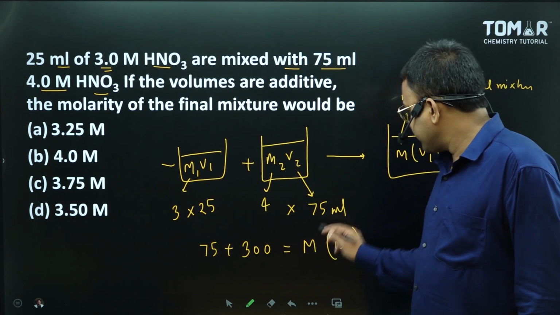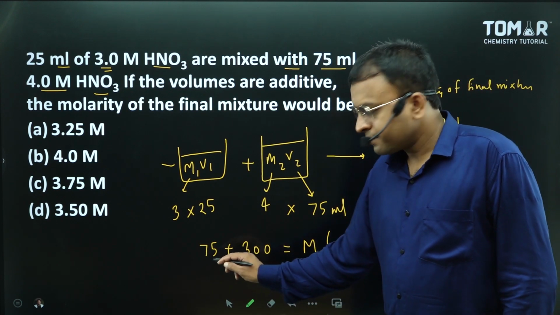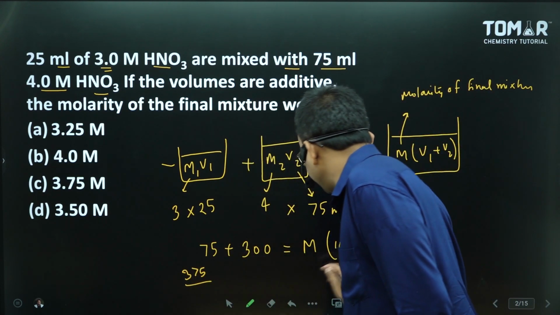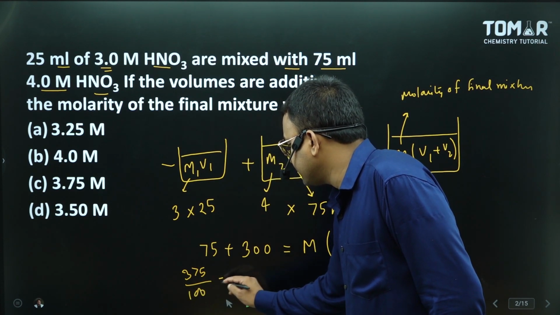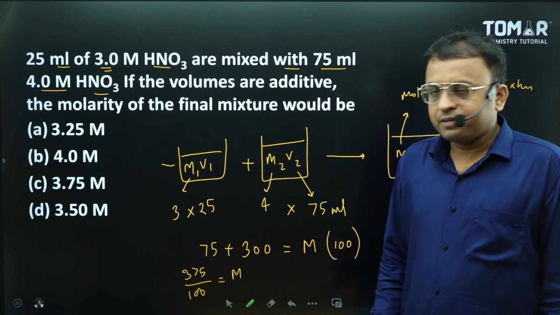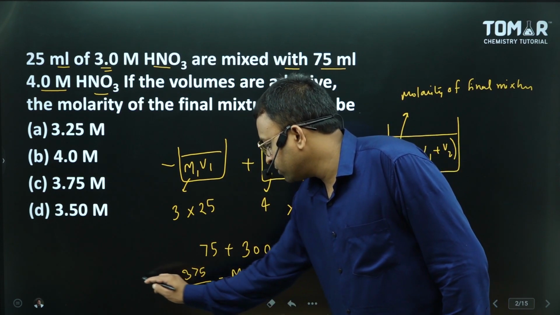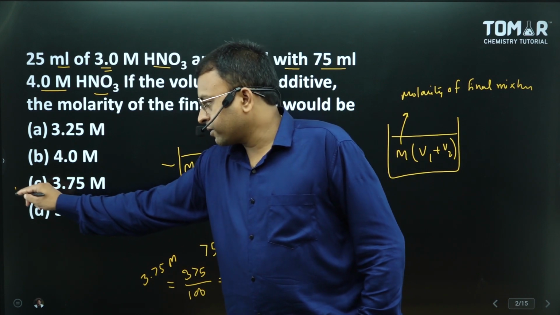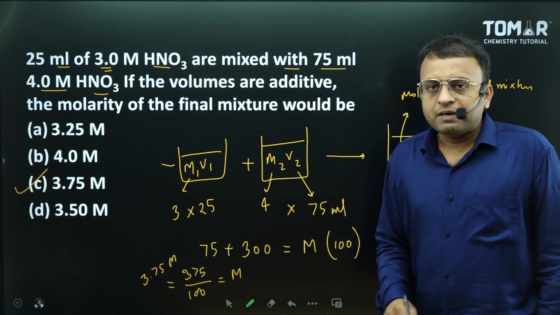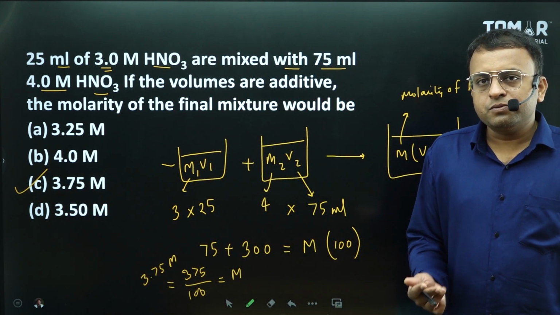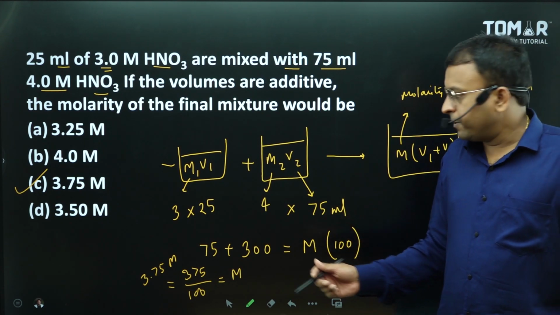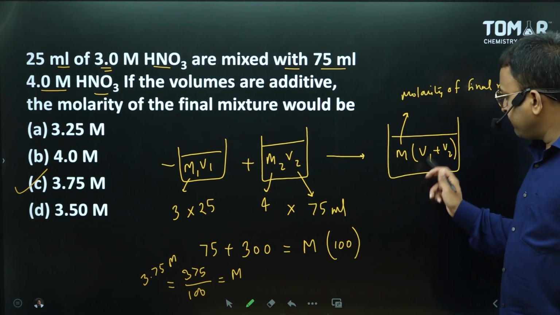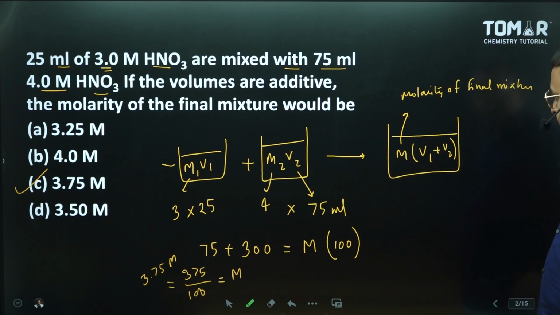Now the resulting molarity will be 375 divided by 100, that is 3.75 molar. Correct option is C. So while mixing two acids, two bases, or two solutions, we follow the formula M1V1 plus M2V2 is equal to M times (V1 plus V2).